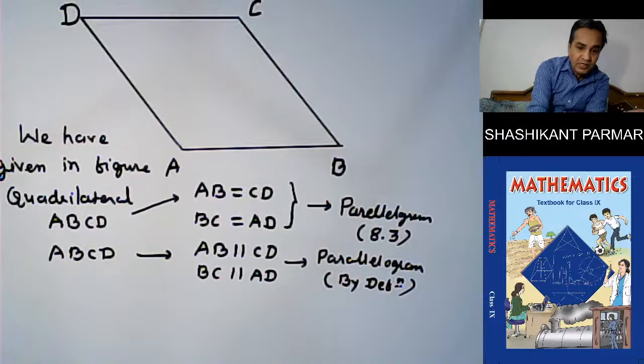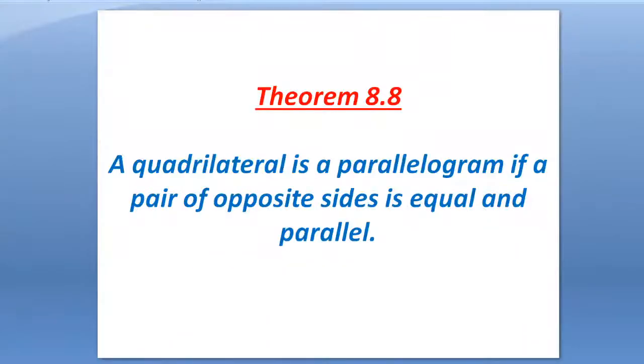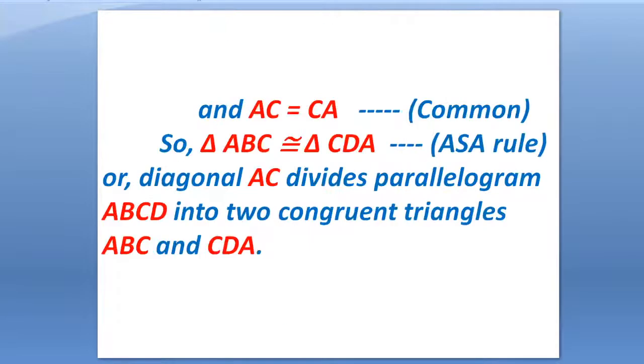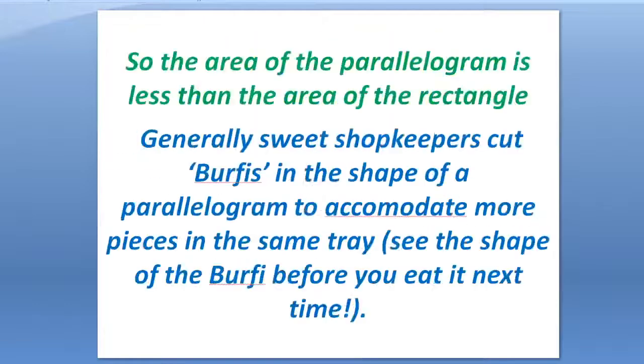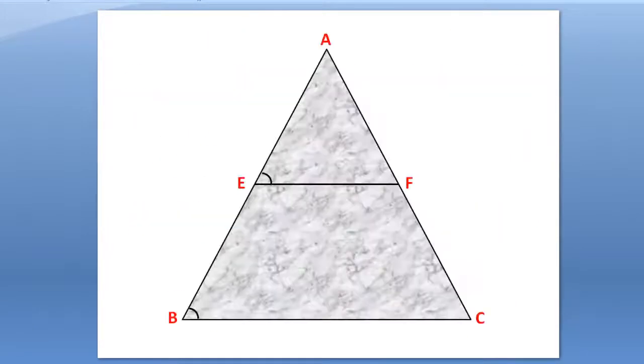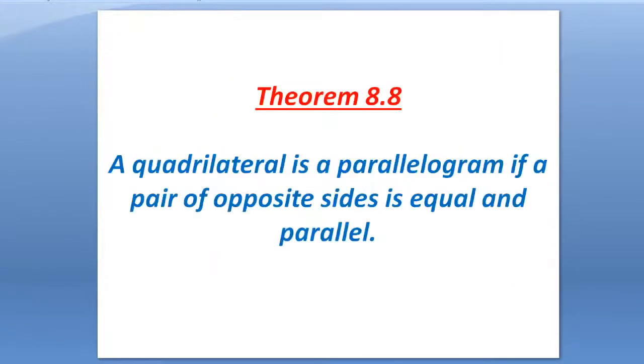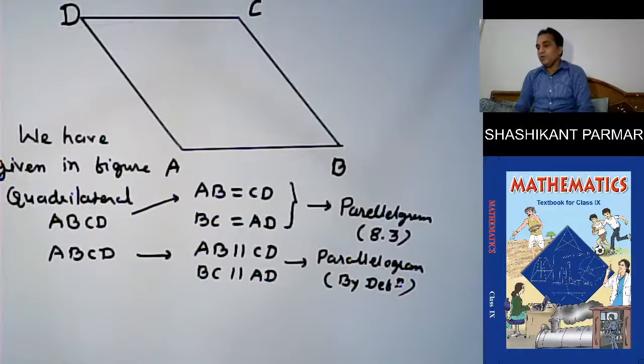Let me show you the definition again. See here, if both pairs of opposite sides of quadrilateral ABCD are parallel, then it is a parallelogram. Now you can easily understand.